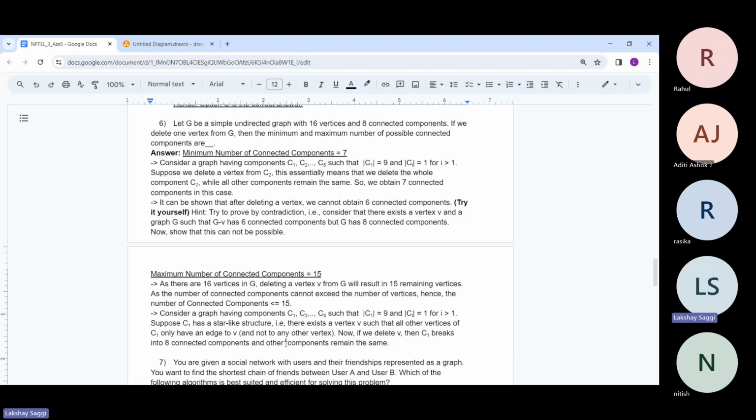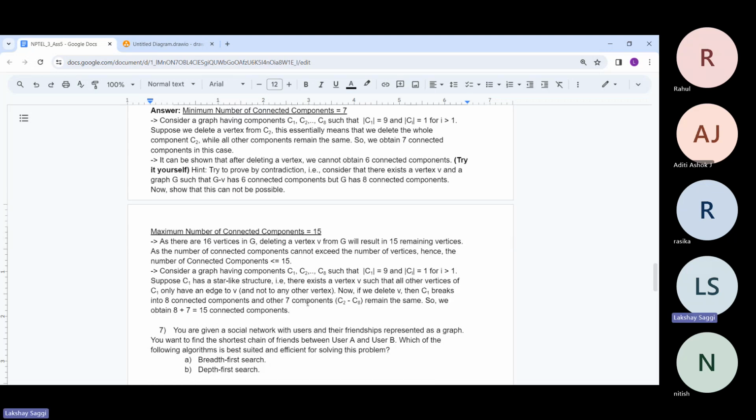And other seven components, which were actually C2 to C8, remain the same. So we obtain 8 plus 7, which is equal to 15 connected components.